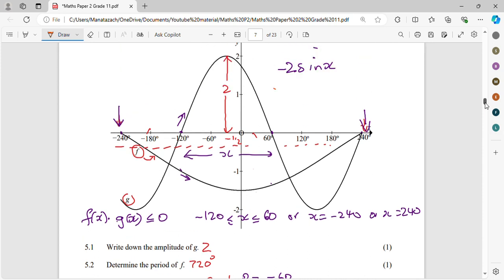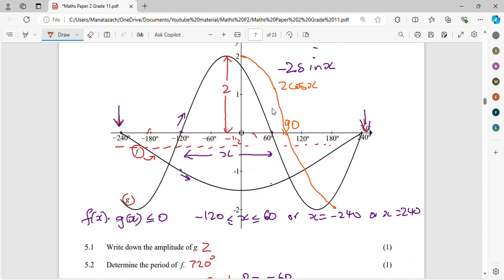So it's going to look something like, starting at the amplitude of 2, then it's going to cross the x-axis here at 90, and then the minimum value is going to be at 180. So the normal 2 cos graph will look something like this. So this is the 2 cos x graph before the shift.